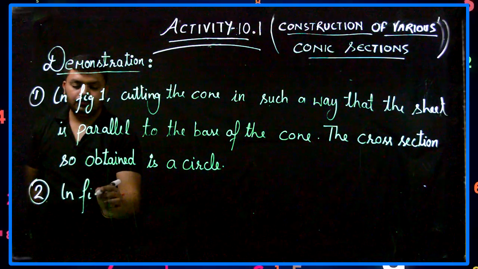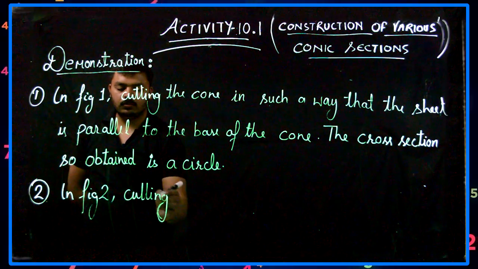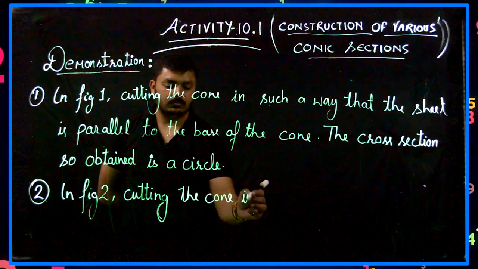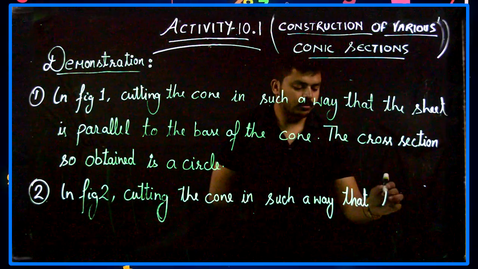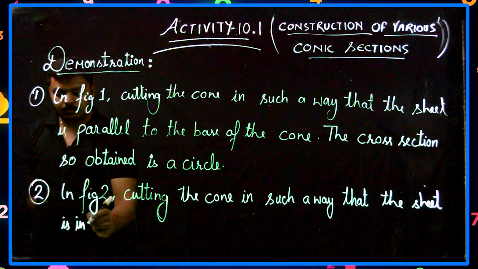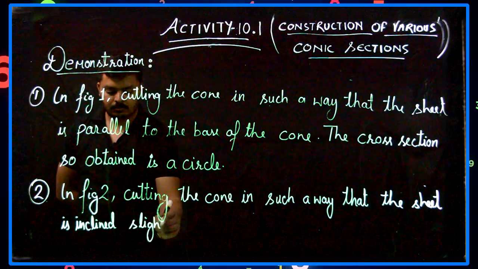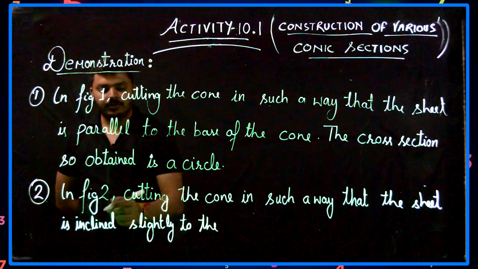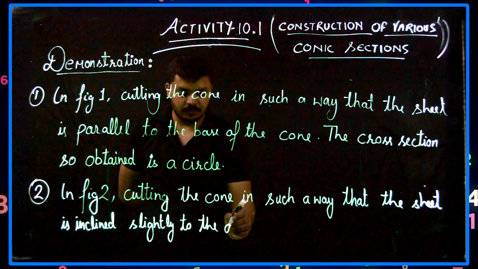In figure 2, we are cutting the cone using the transparent paper in such a way that the sheet is inclined slightly to the axis of the cone.